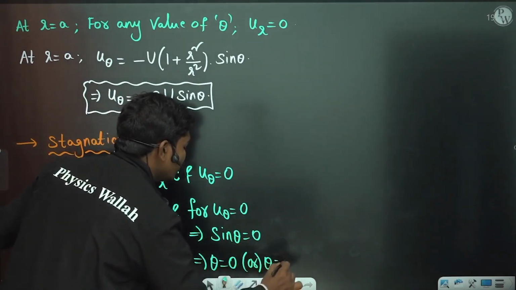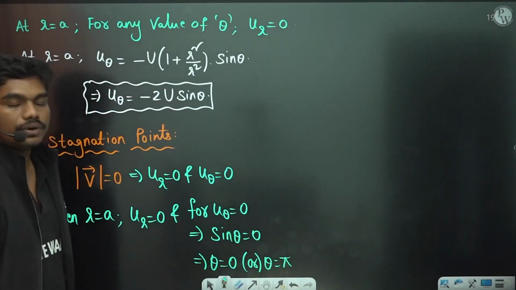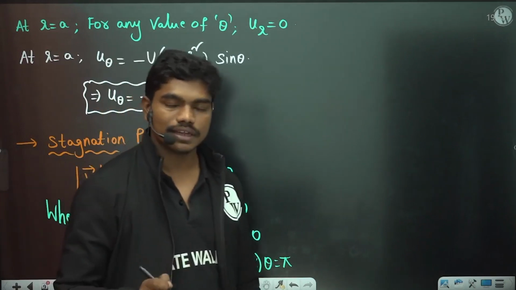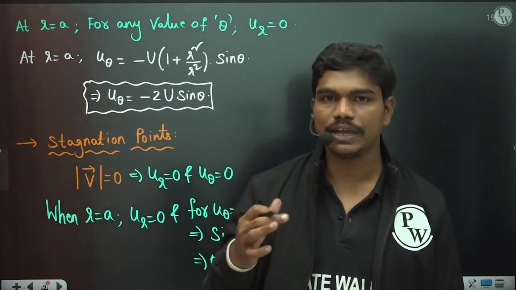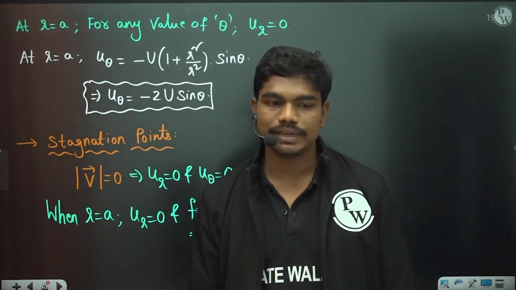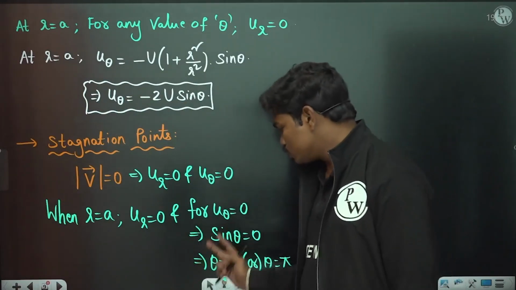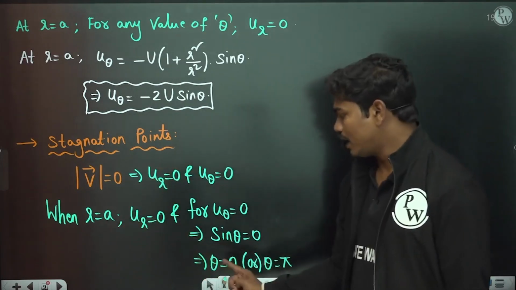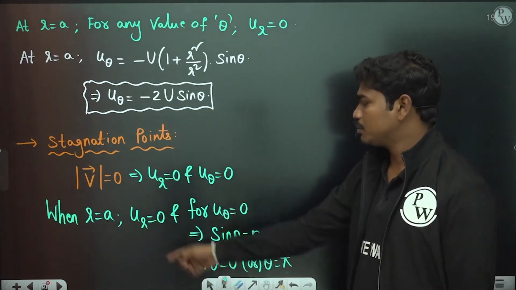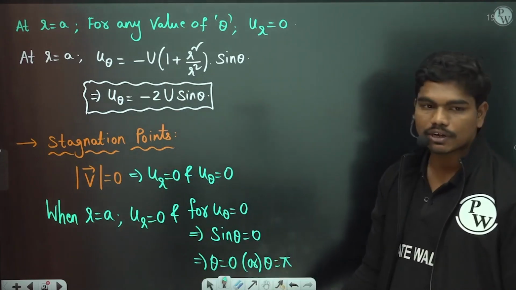These are the two possible locations where you can have 0 velocity in the azimuthal direction, and whenever the points are on the cylinder, u r is 0 at any location. So here we have two stagnation points, one at radius equal to a and theta equal to 0, another at radius equal to a and theta equal to pi.